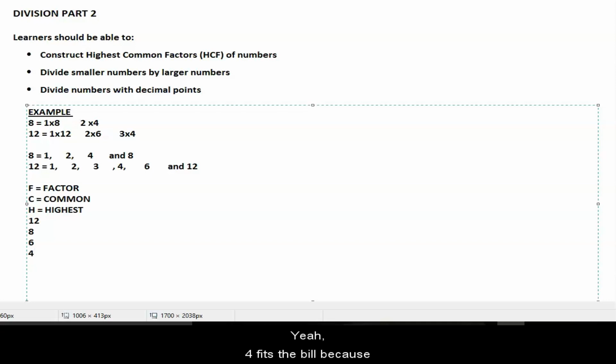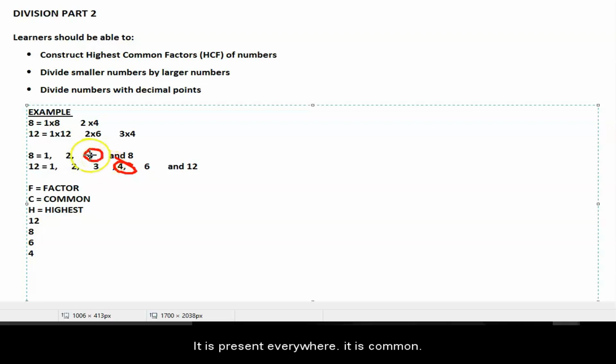Yeah, 4 fits the bill because it is among the factors of 12 and also among the factors of 8. So it is present everywhere. It is common. It is the highest common factor for 8 and 12. That's it.